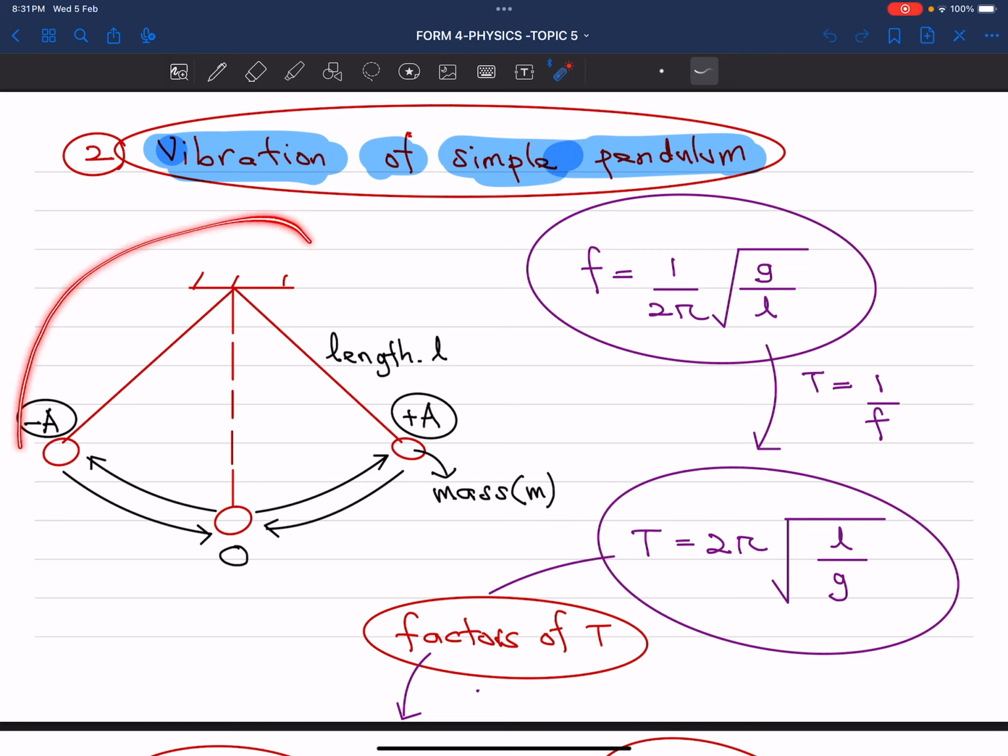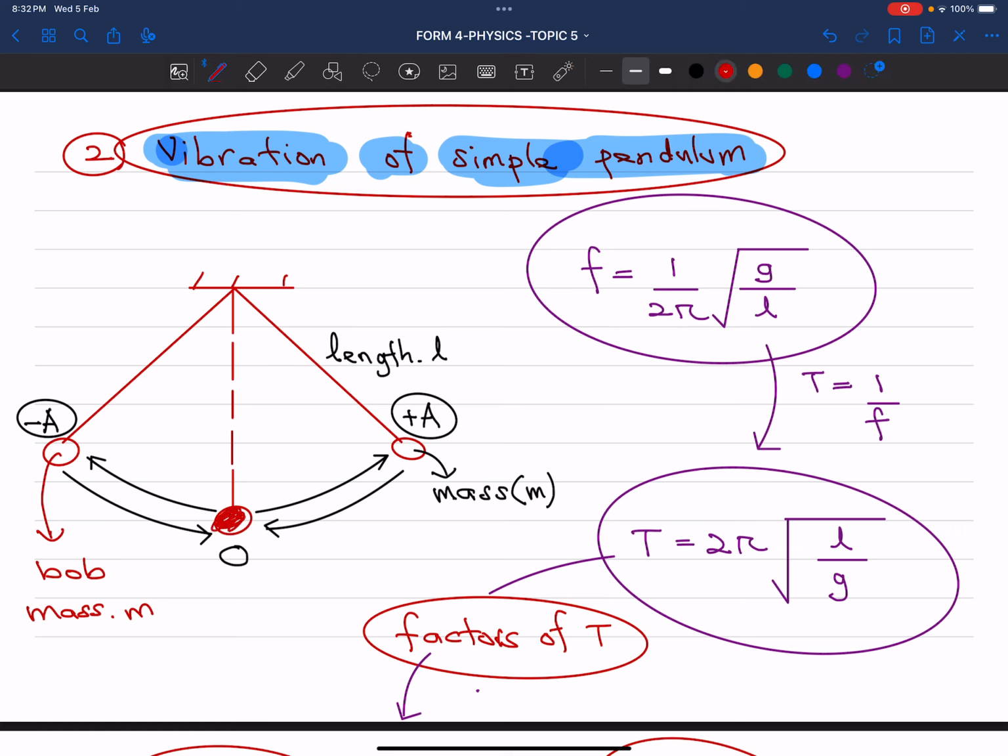I've shown the diagram of a pendulum. We have a string or rope tied to a mass. This mass is what we call a bob, and it has mass, symbol M. And this string has the length, symbol L. The bob will vibrate between two fixed positions.